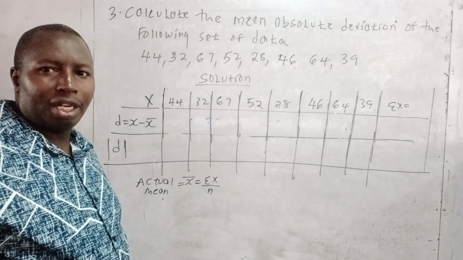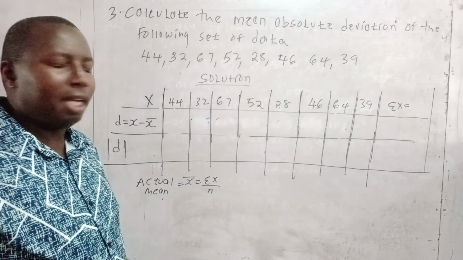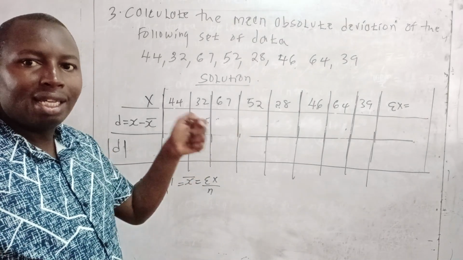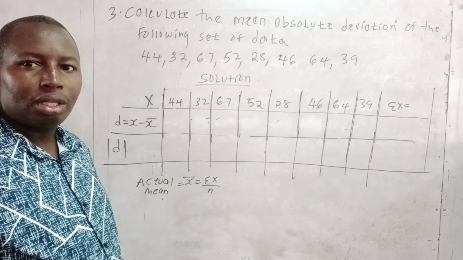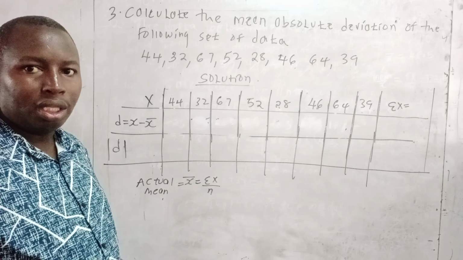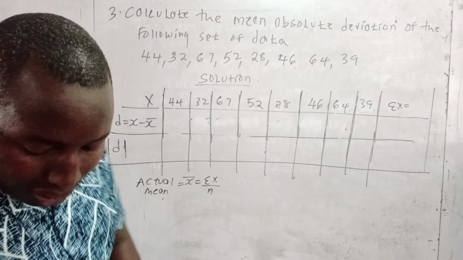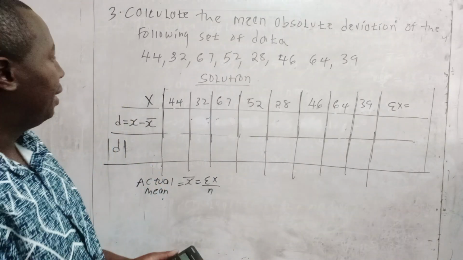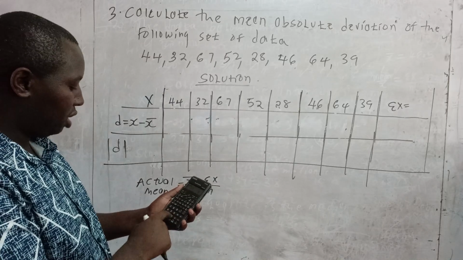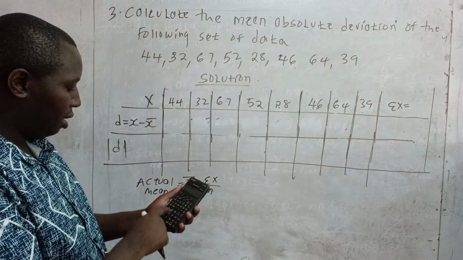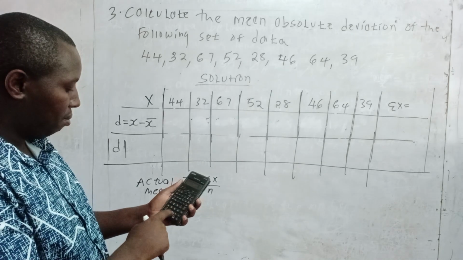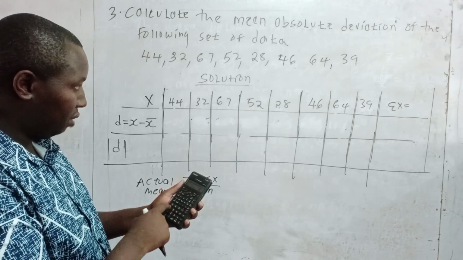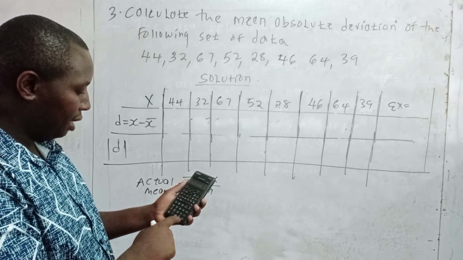Once you confirm them, the next step is to find the mean of the given set of data. Take your calculator and add 44 plus 32 plus 67 plus 52 plus 28 plus 46 plus 64 plus 39.